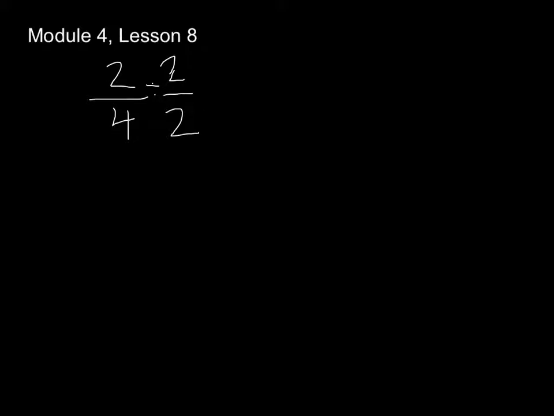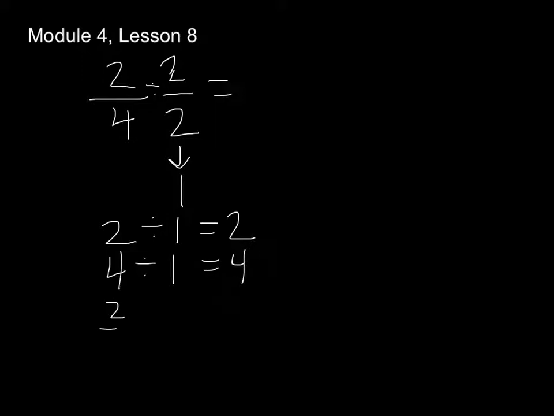Okay? And the reason we can do this is because 2/2 is the same thing as 1. I can divide any number by 1, and I will get that same number. If I divide 2 by 1, I get 2. Divide 4 by 1, I get 4. Divide 2/4 by 1, it's still 2/4.